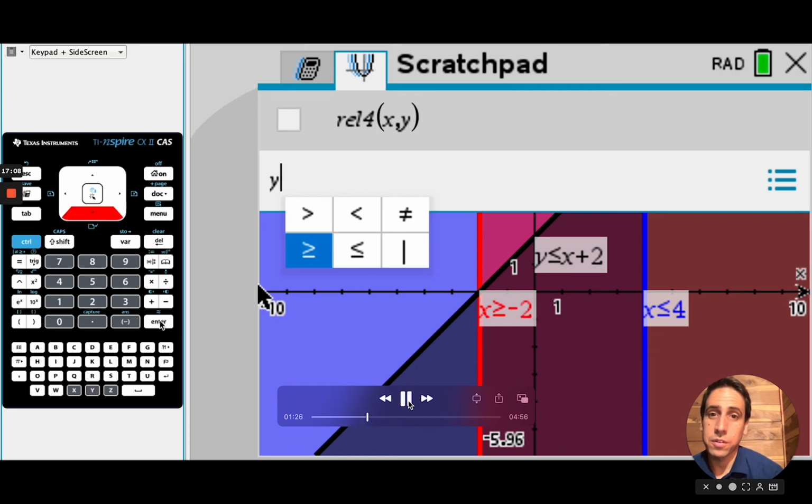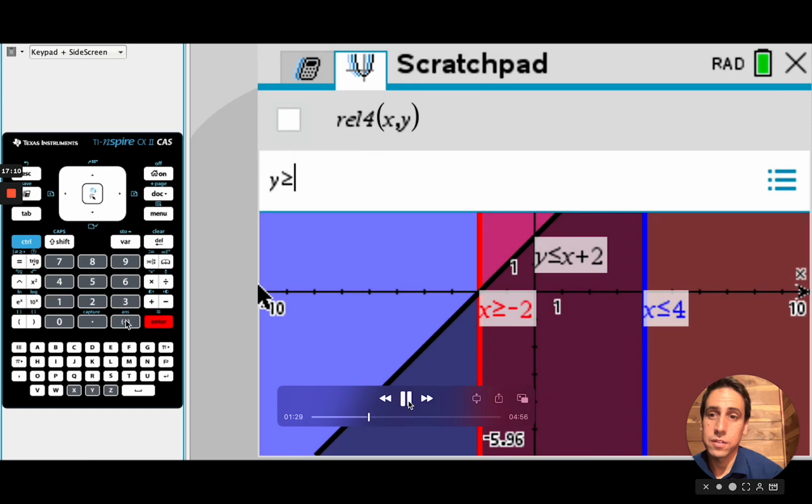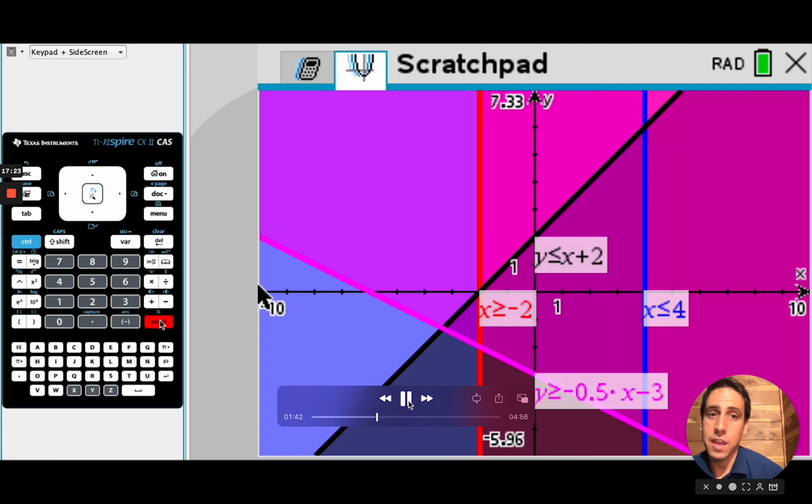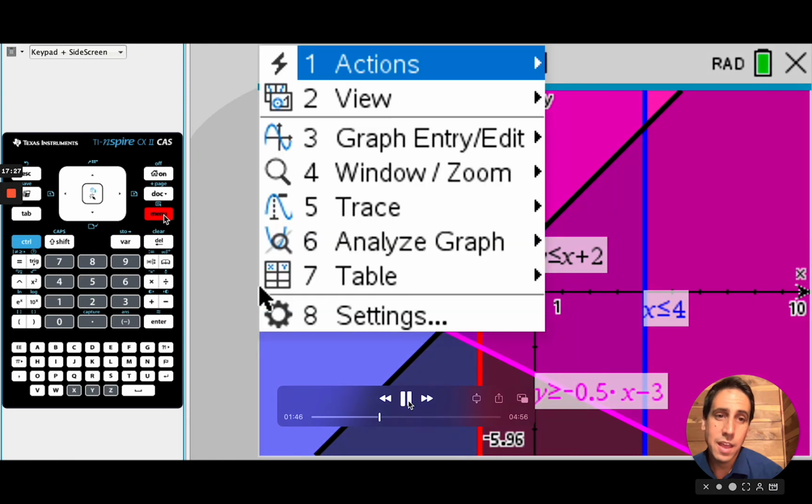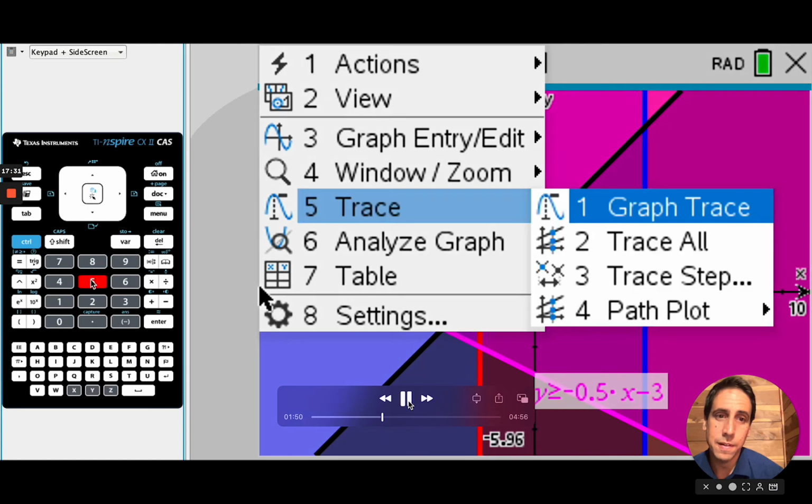Greater than or equal to -0.5x minus 3. Enter. Wow, we've got all 4 lines graphed, and the portion that gets shaded most.